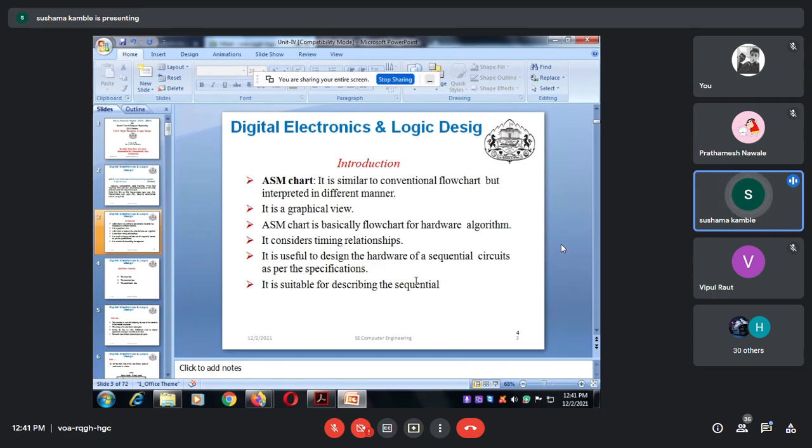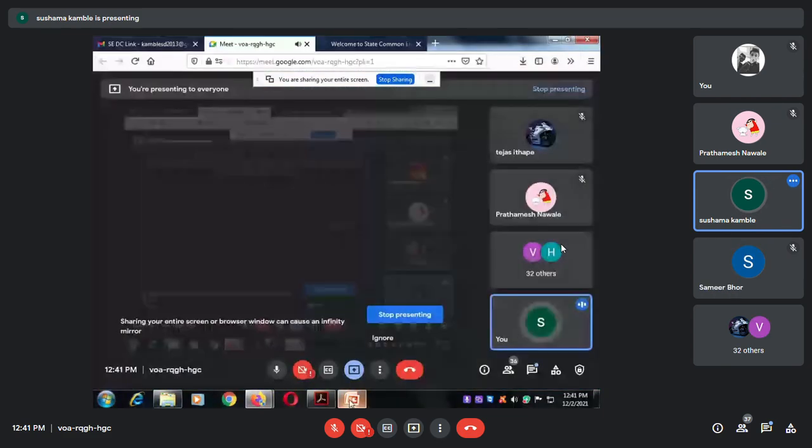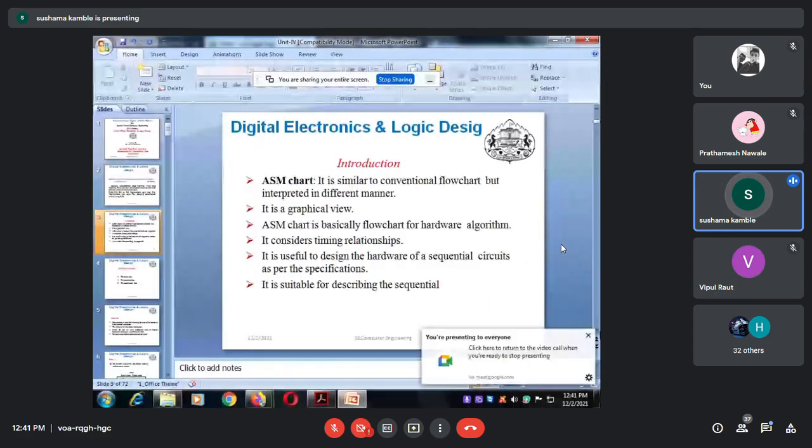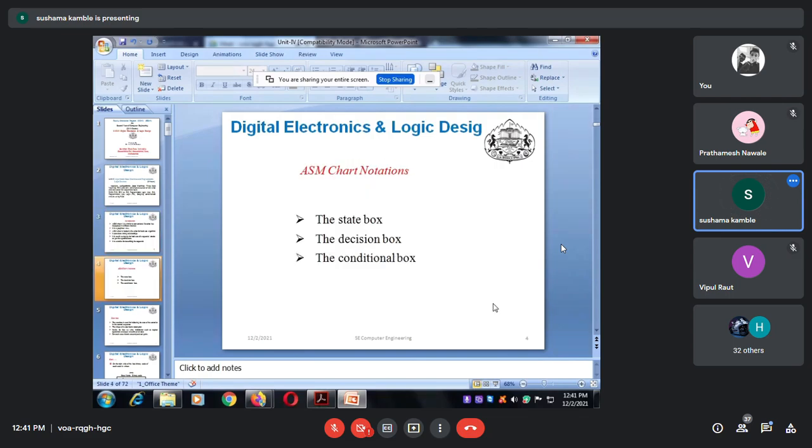Almost they are similar to what you use for a normal flowchart, so it is easy for you to understand. See, these are the notations for the ASM charts. The first one is the state box, then the decision box, and the conditional box. Take a screenshot or write down in a book.